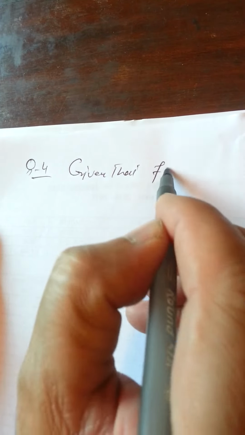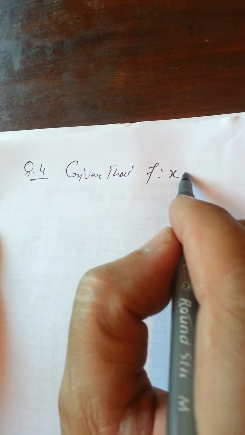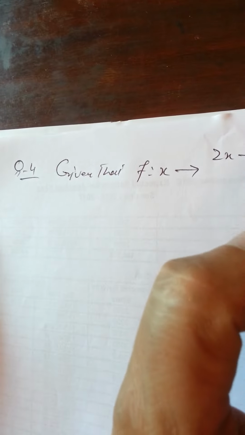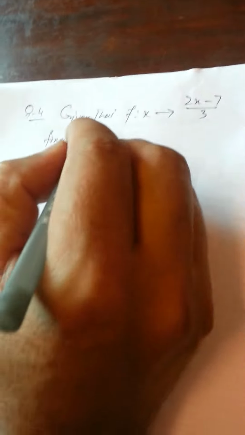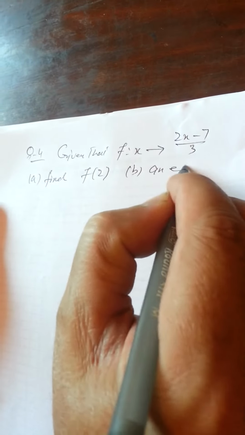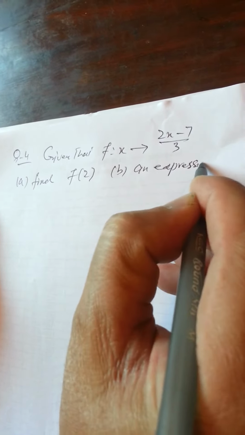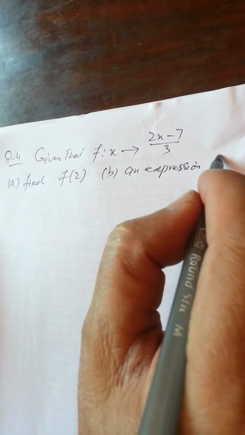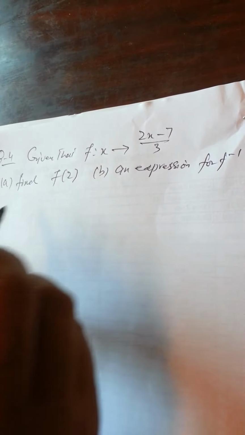Now question number 4. Given that f: x maps to (2x minus 7) upon 3, find f of 2 in part A, and in part B an expression for f inverse.